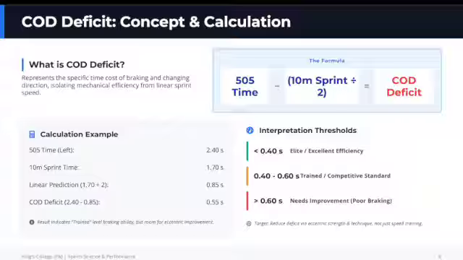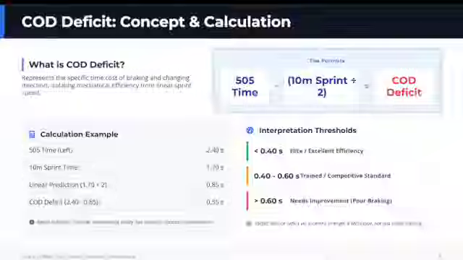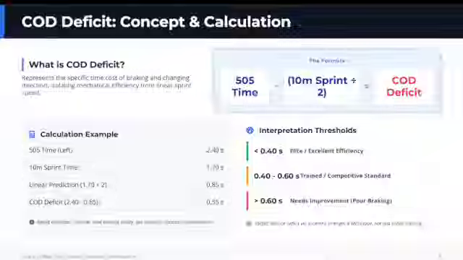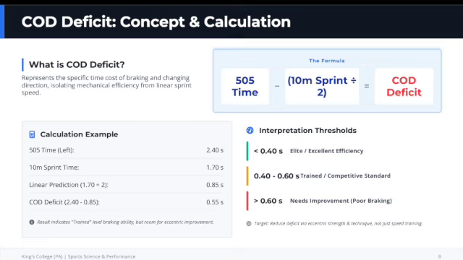The interpretation thresholds. Less than 0.40 seconds is elite athletes, excellent efficiency. 0.40 to 0.60 seconds is trained, competitive standard.